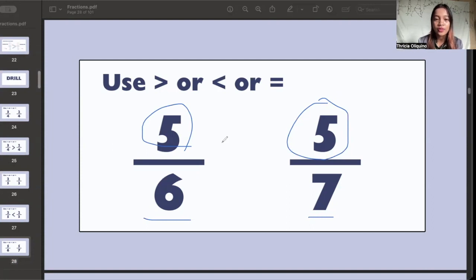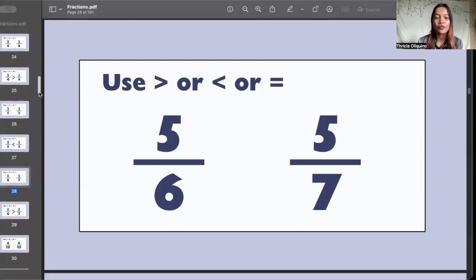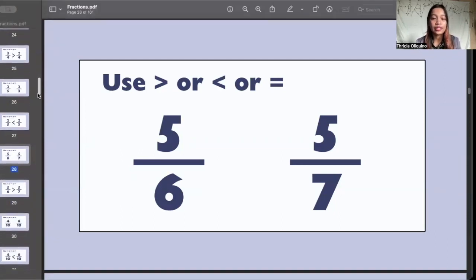The fraction which has the smaller denominator is the bigger. Okay, so 5/6 is greater than 5/7. Good job. I hope you're getting the hang of it because this is a new lesson. Thank you for trying, and thank you for answering and participating in our drill.